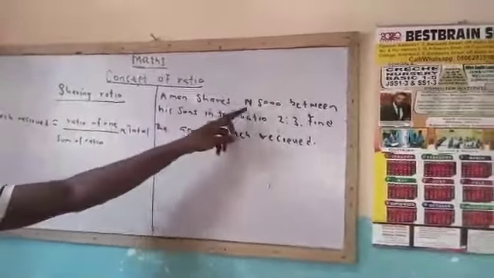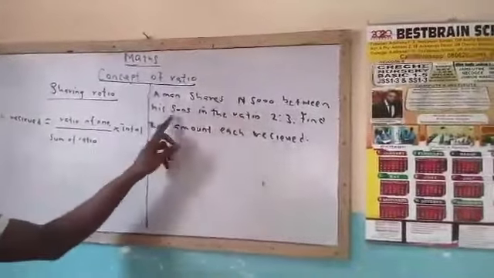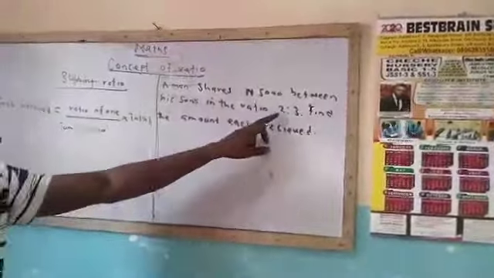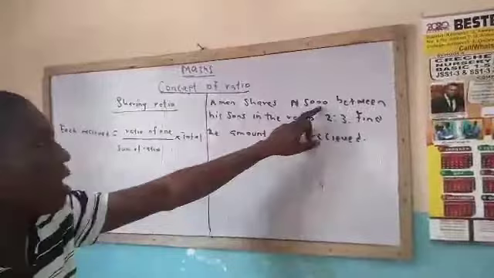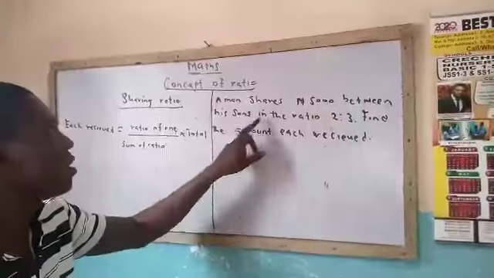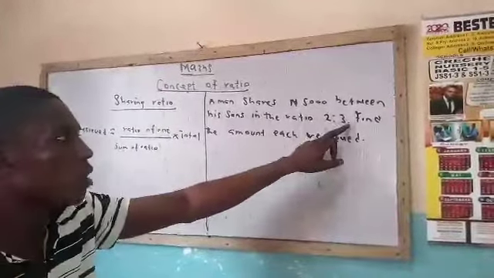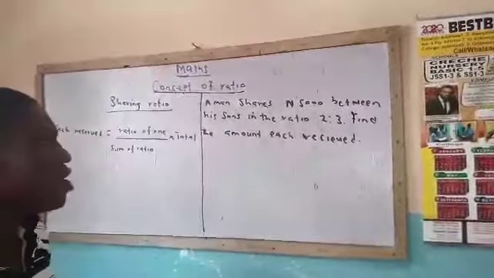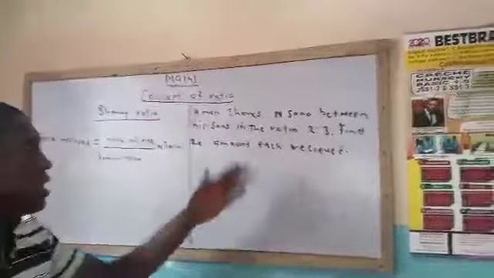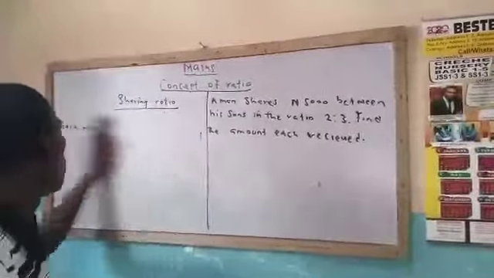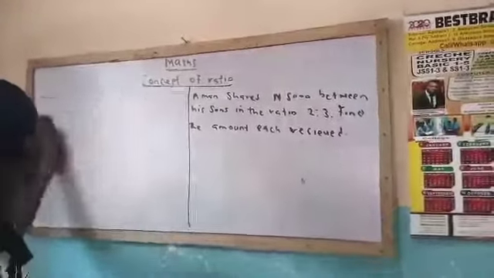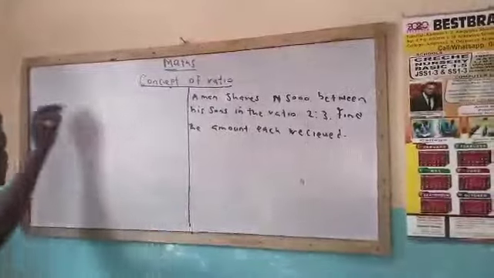Now let's look at this typical WAEC question. A man shares 5,000 between his sons in the ratio 2 ratio 3. Find the amount each received. Now, to solve this, there are steps to follow. The first thing we need to do here is to arrange the information out.